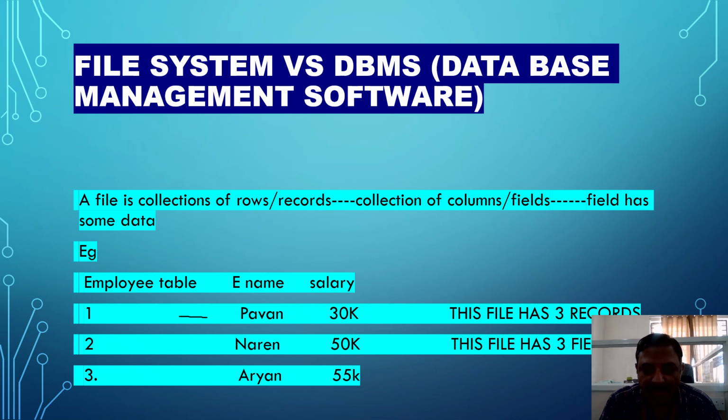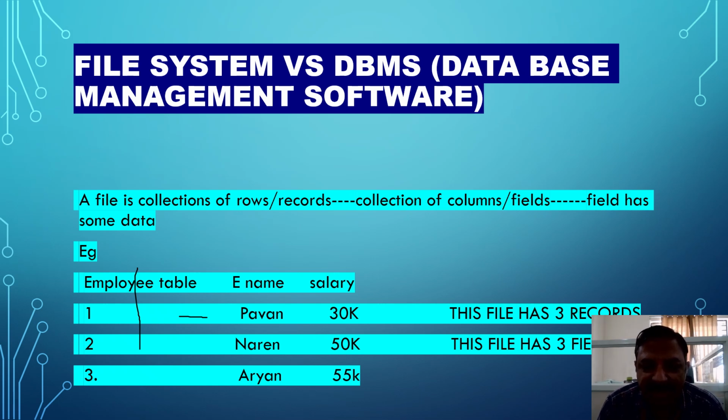Data is stored in files on the hard disk, in the system itself, in the OS. If you look at this column-wise, we have three columns. They are called fields. So this table has three rows and three columns.